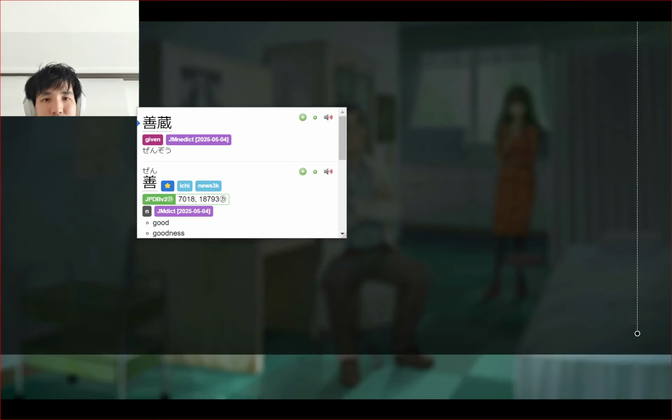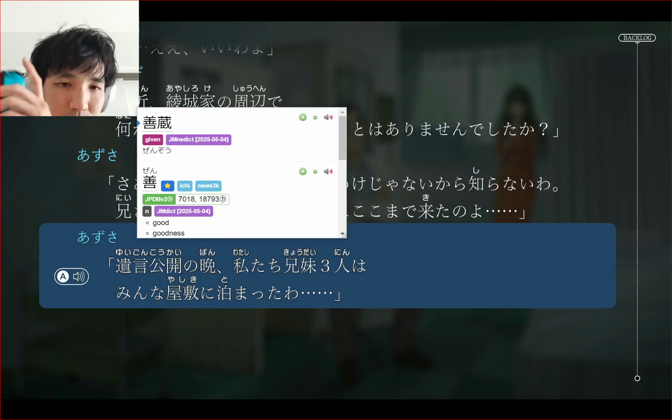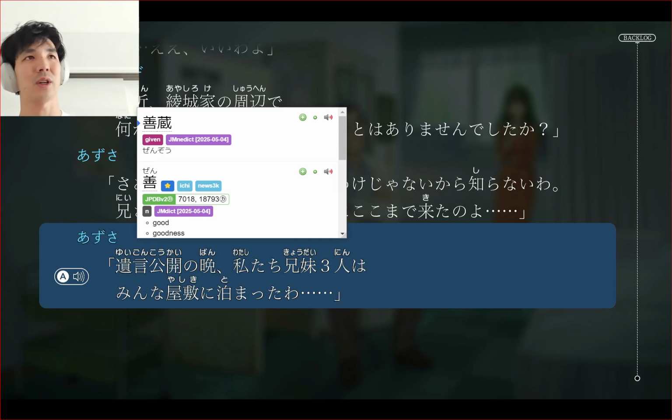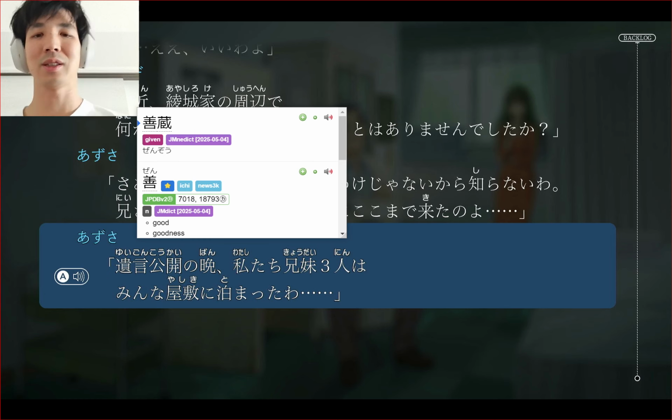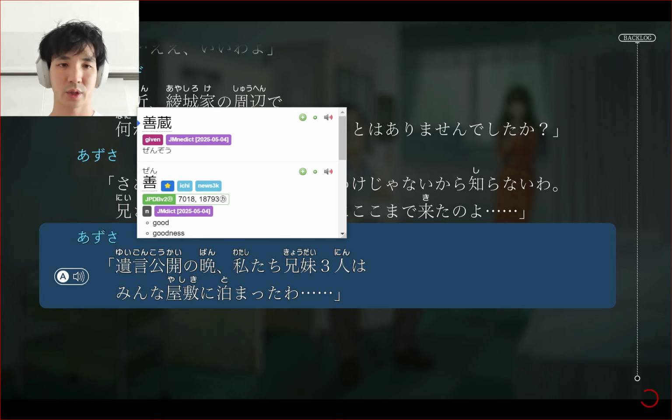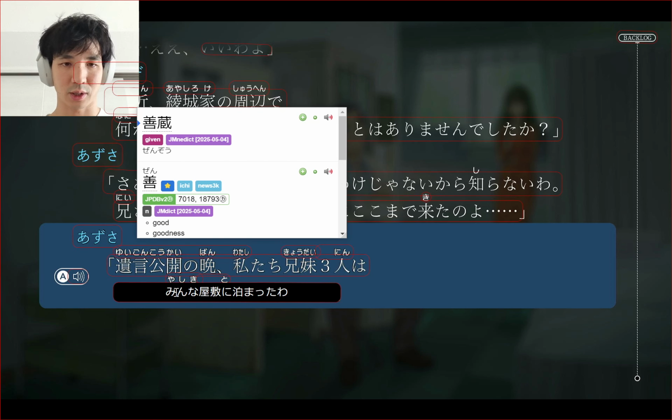こんなことは遺言公開の晩、私たち兄弟3人はみんな屋敷に泊まったわ。Sanin wa.